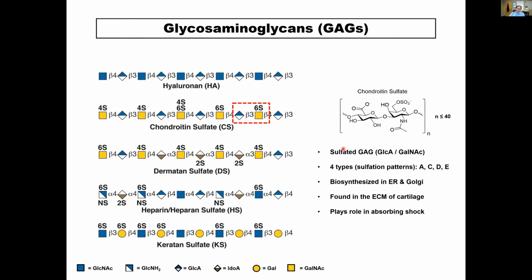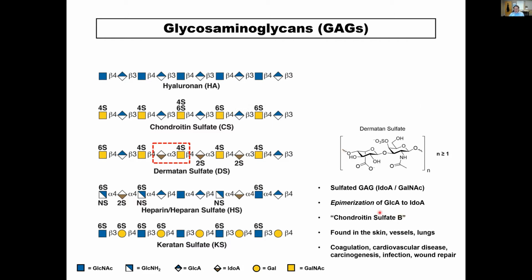So we'll move to the next class of GAGs. This is very structurally related to chondroitin sulfate. It's also known as chondroitin sulfate B, but this is known as dermatan sulfate. Dermatan sulfate is very structurally similar to CS, but the difference is that many of the glucuronic acid residues have been epimerized to iduronic acid.